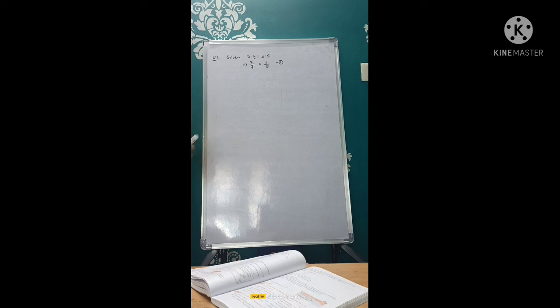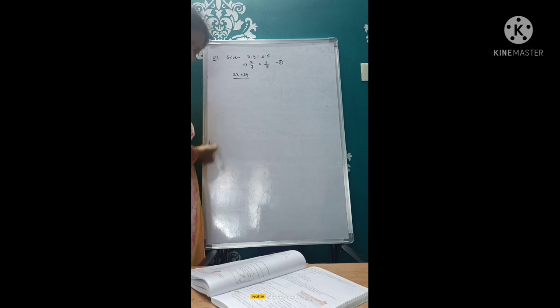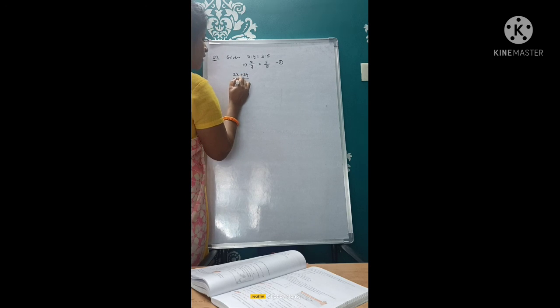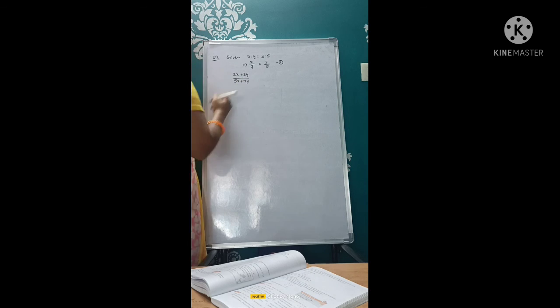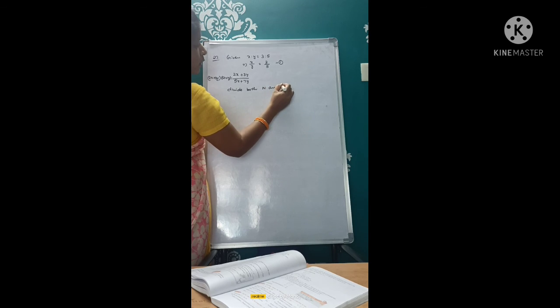So now we want to find 2x plus 3y is to 5x plus 7y. So we can write in the fraction form. Divide both numerator and denominator by y.